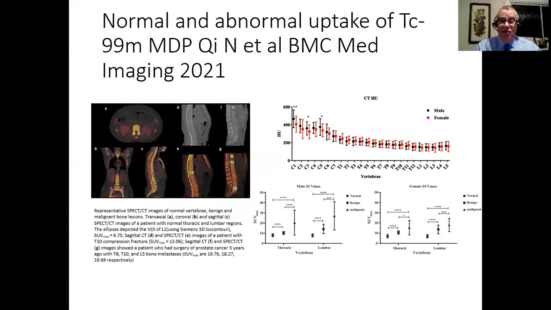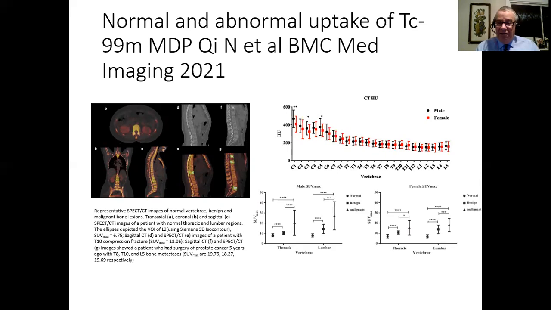So this is a paper that's just come out. It came out in, I think, May this year. And this was actually looking at patients with very normal and abnormal uptake in vertebra. And just as you would with a PET scan now, you can use these techniques. And again, look how good the registration is and how we no longer overlap the vertebral edge with these techniques.